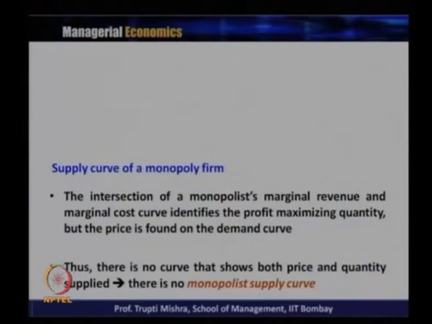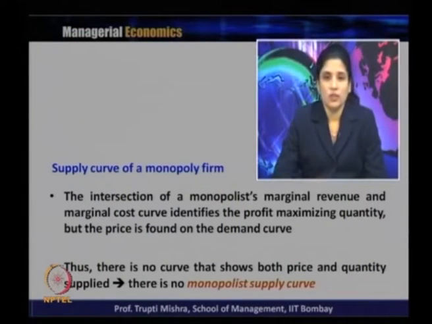The situation is different in case of a monopoly firm. Now let us see what we consider as the supply curve in case of a monopoly firm, whether there is existence of a supply curve or not. The intersection of the monopolist's marginal revenue and marginal cost curves identifies the profit maximizing quantity, and the price is found on the demand curve.